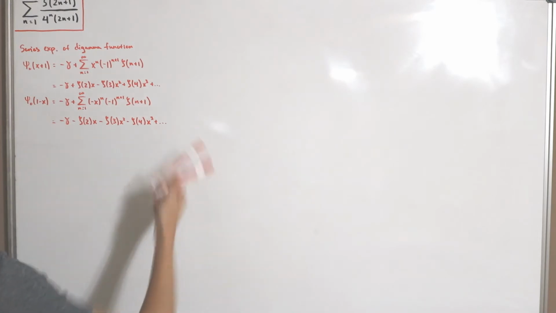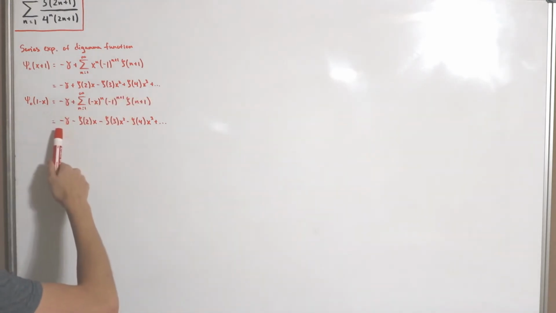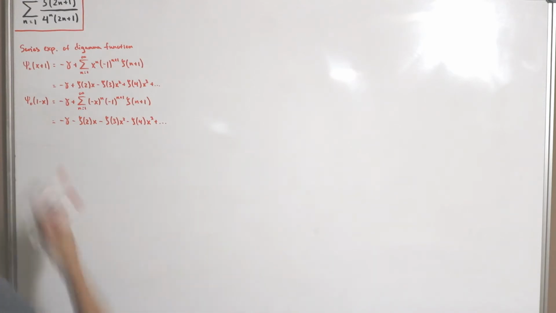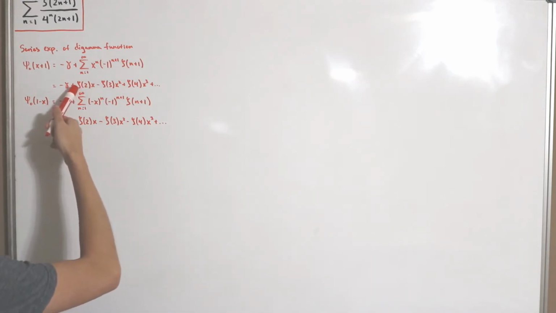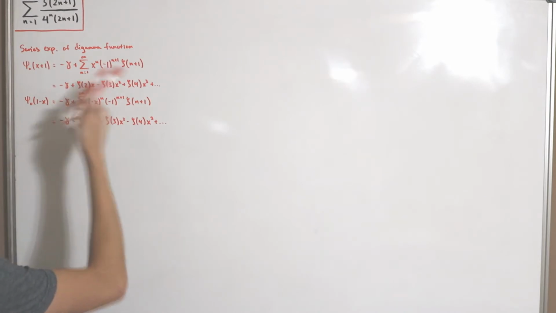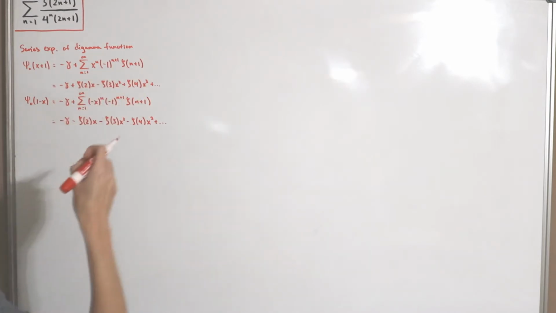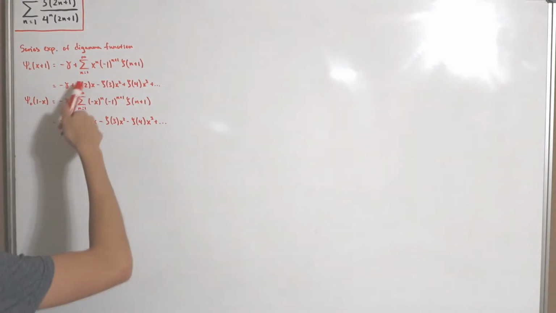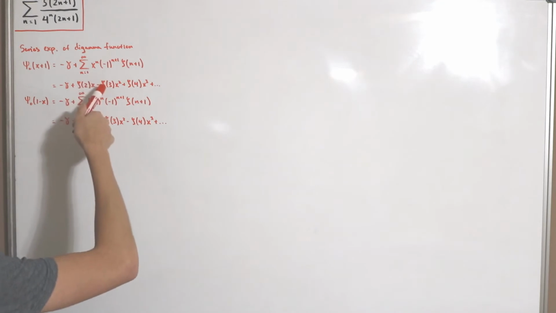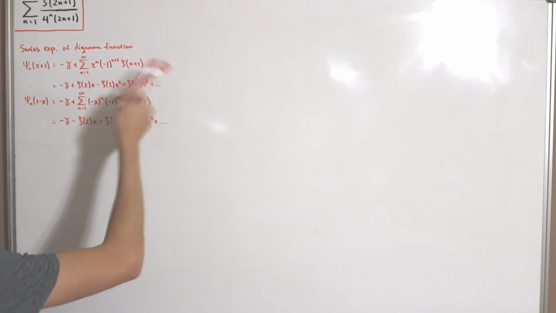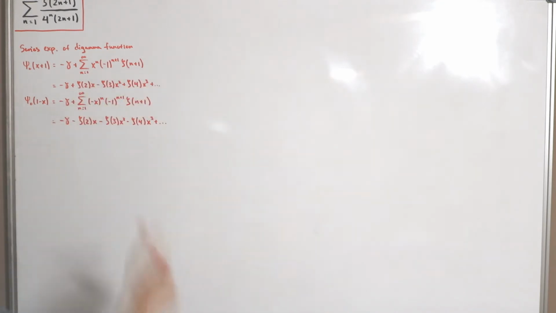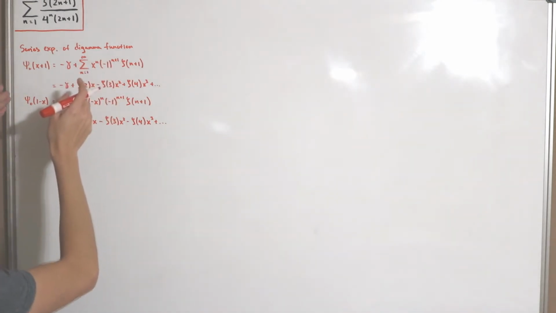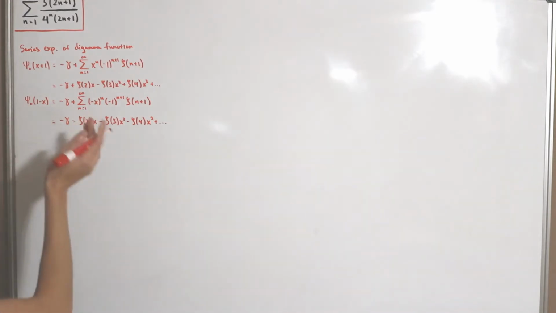Expanded out, it's very similar, except that all the terms in the first expansion alternate their signs, while here all the terms are negative. For n equals 1 positive, n equals 2 negative, n equals 3 positive, n equals 4 negative, and so on. Now that we have these two digamma functions, let's add them together.